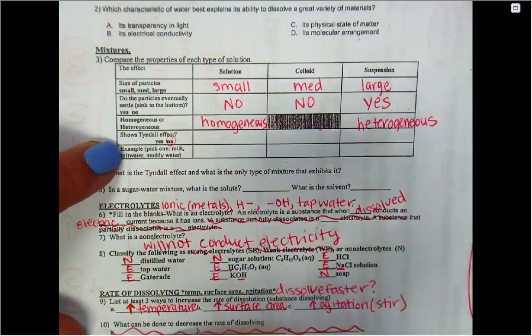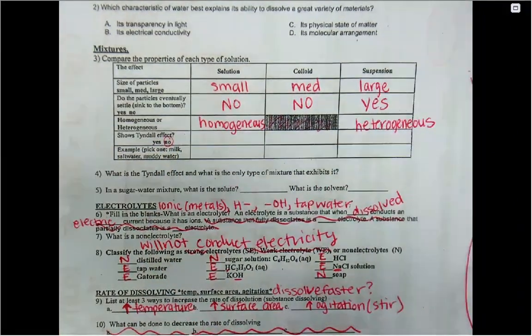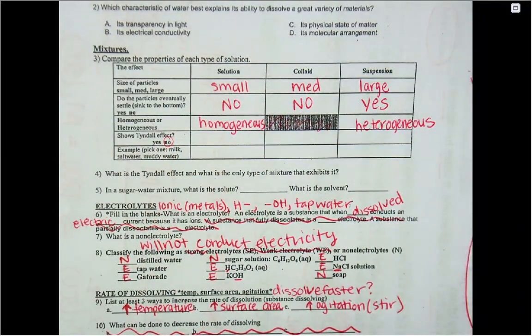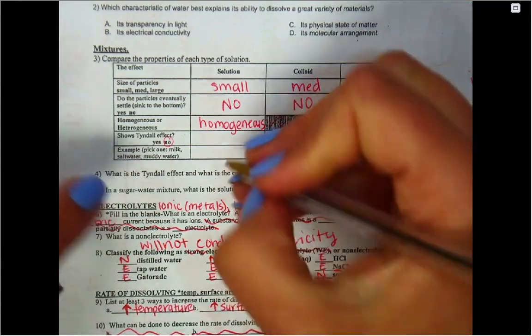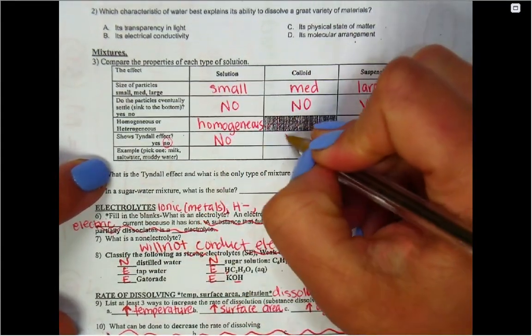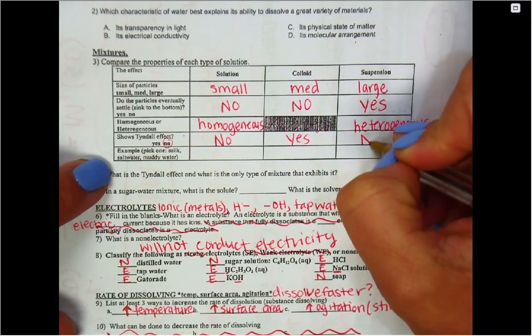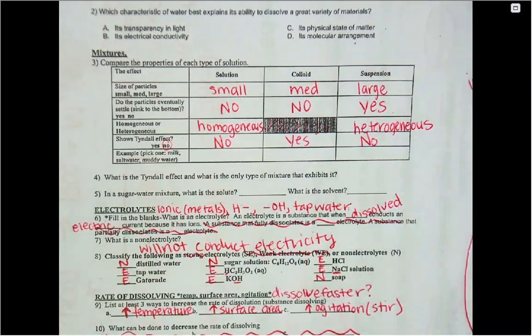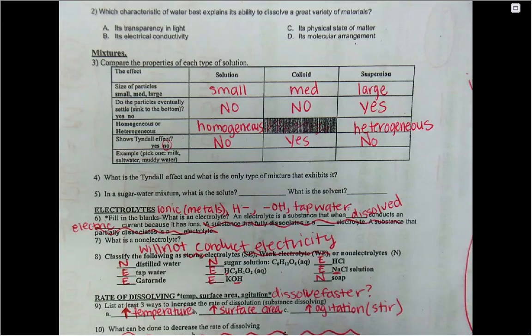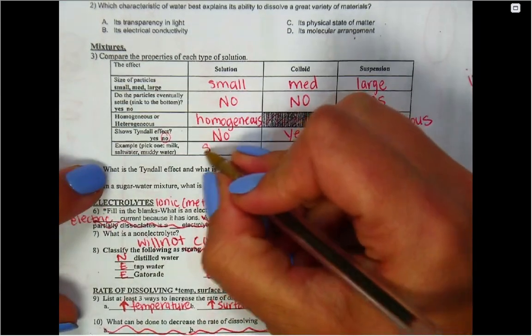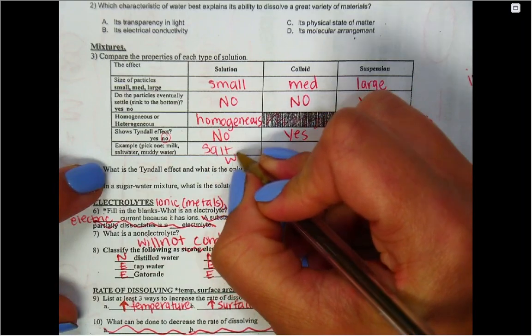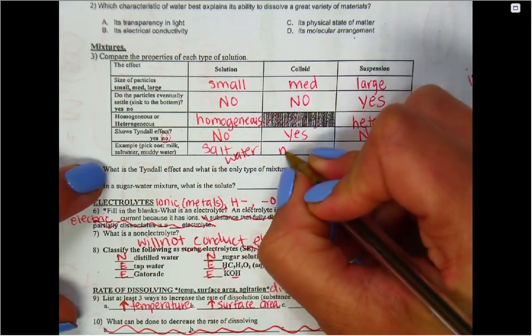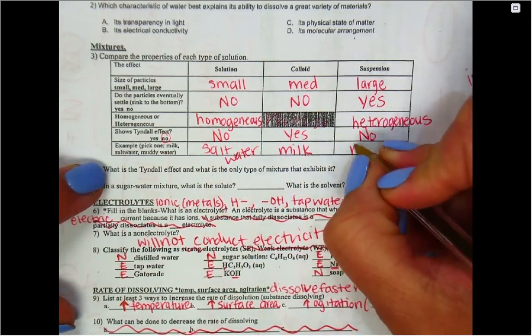Does everybody remember what Tyndall effect was? That was when I took the laser beam and you got to see the red light go through or you didn't see it go through, right? So this should be a no, yes, no. And then an example of each of these would be salt water, milk, and muddy water.